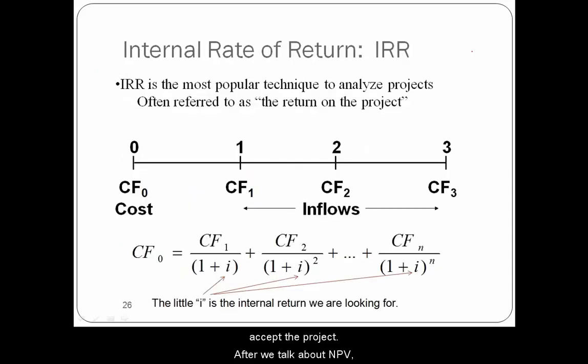After we talk about NPV, we should also talk about another technique which is called internal rate of return, IRR. IRR is one of the most popular techniques to analyze projects, and sometimes it's just referred to as the return on the project.